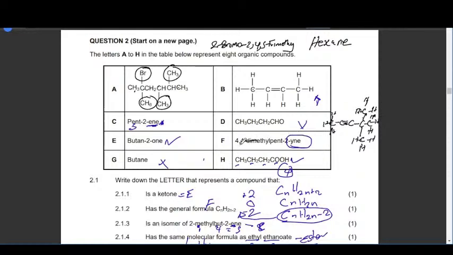They're saying 4, 4, because this is the main functional group, therefore it takes that direction. But what is this 4, 4 about? It is a methyl. Hence, I have these 2. So basically, that is it.